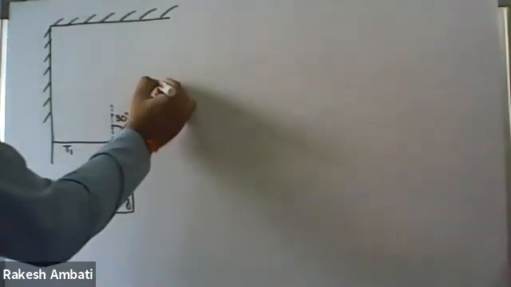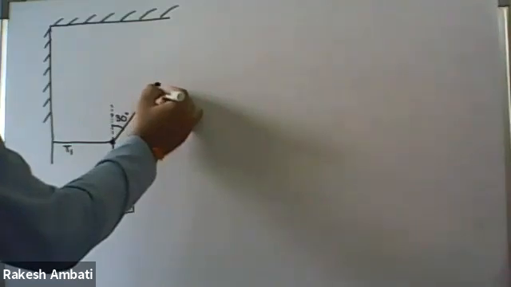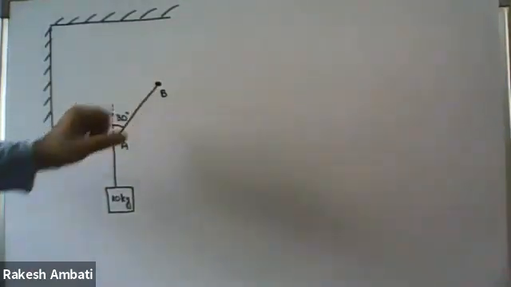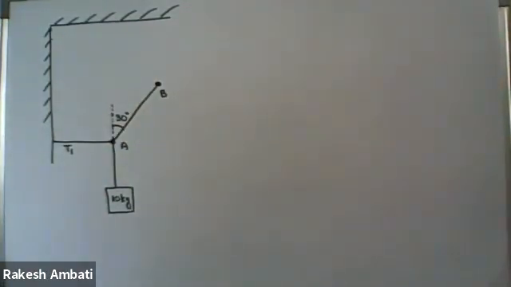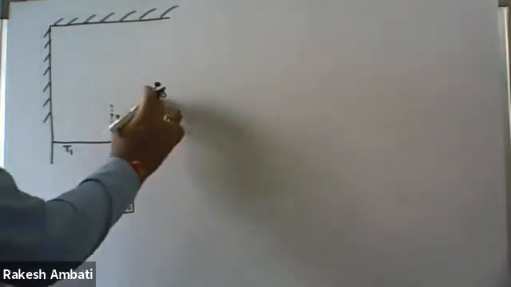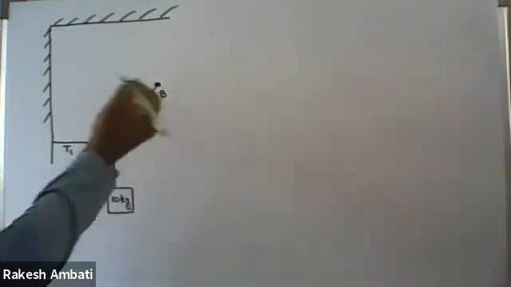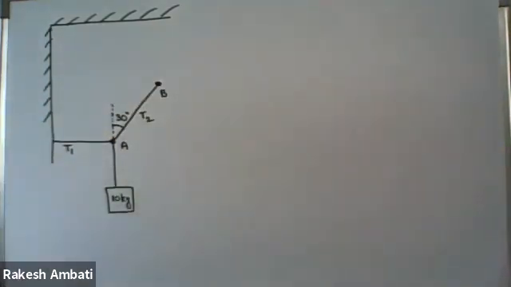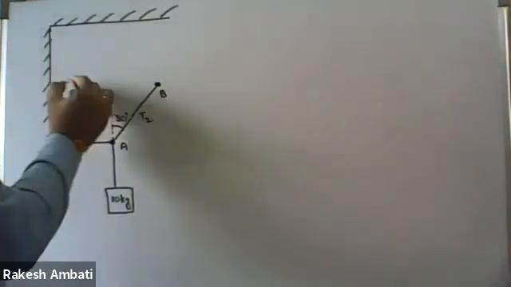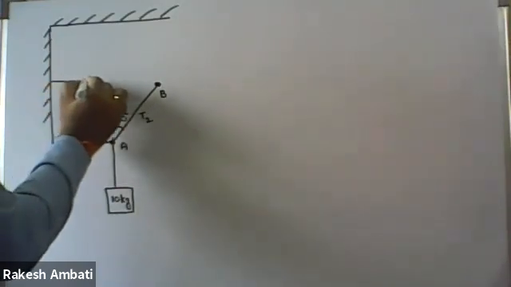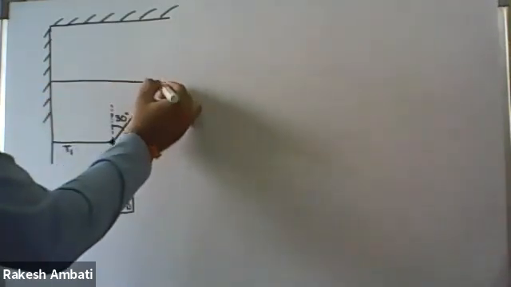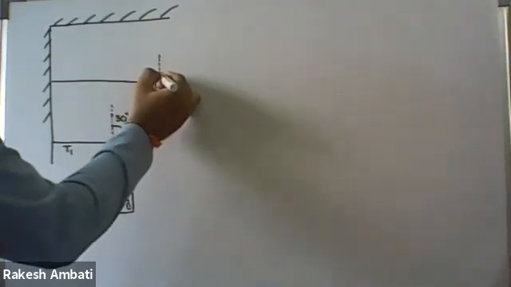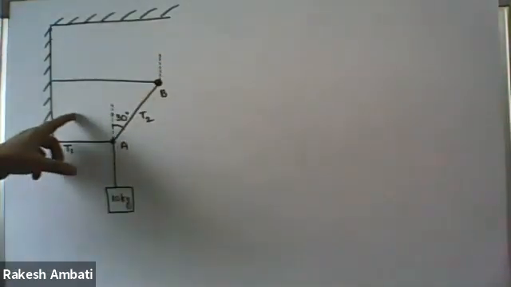Then after, it is another tied point B, and in the question it is given that in this string tension force T2, in this string tension force T1, and then after here we have one more string.